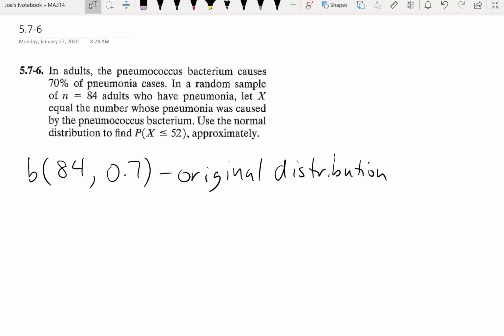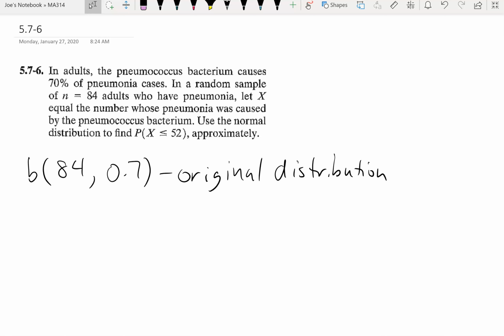The central limit theorem says that if I take n big enough, then the sum is approximately normally distributed with a mean that's n times the mean of each and a variance that's n times the variance of each, right? For an individual Bernoulli trial, the mean is p, and the variance is p times 1 minus p. So if I do n times, I get n times p and n times p times 1 minus p, which is exactly what you get for the mean and variance of this.